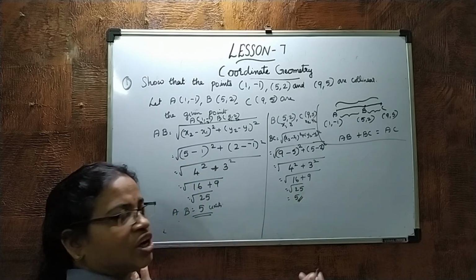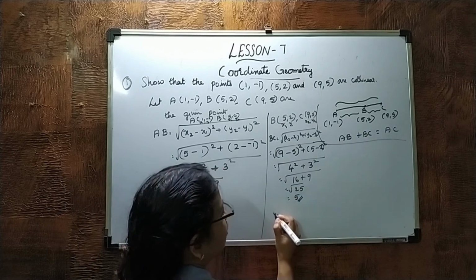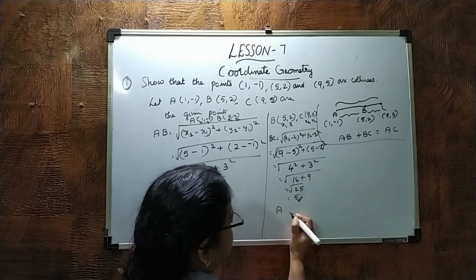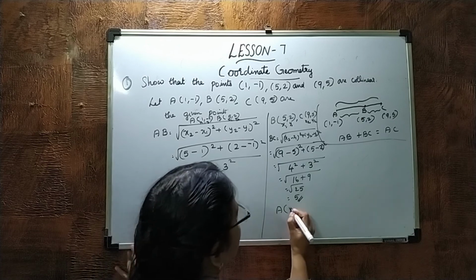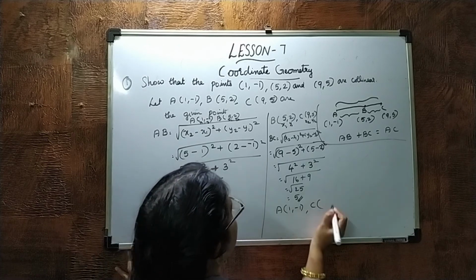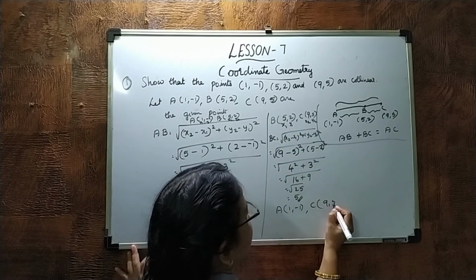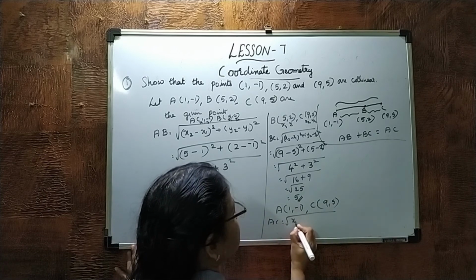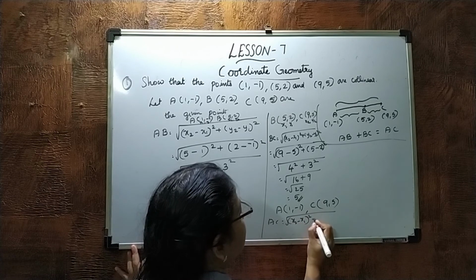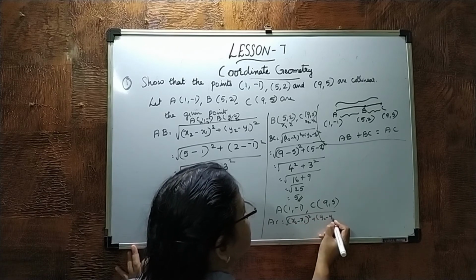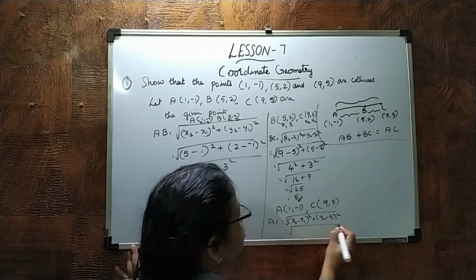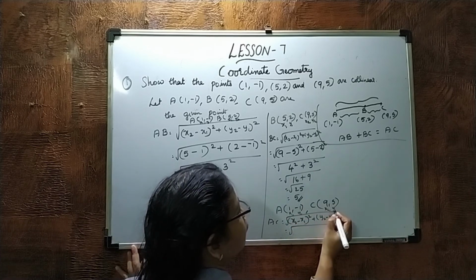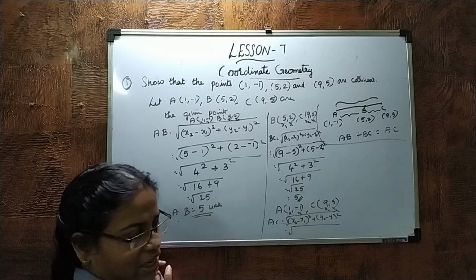The next one you have to find out is AC. First write what is A and what is C. A is (1, -1) and C is (9, 5). Then AC equals root of (x2 minus x1) the whole square plus (y2 minus y1) the whole square. Next onwards you can calculate in your mind.